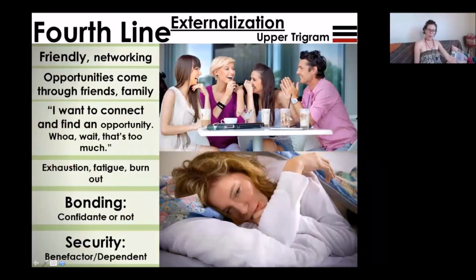So the 4th line is called the Opportunist, and this is the first line of the upper trigram. 4s are opportunists in the sense that their personality, their self, or their role would be a better way of saying it, is designed to have the right opportunities come to them so that they can externalize or express their influence.